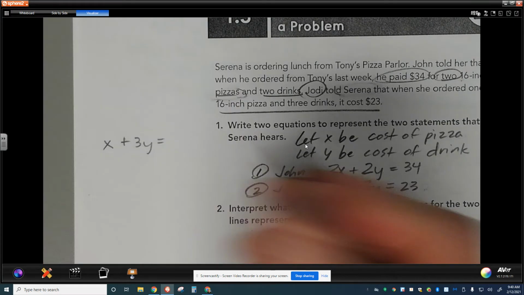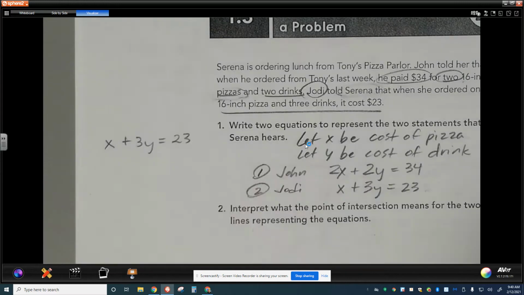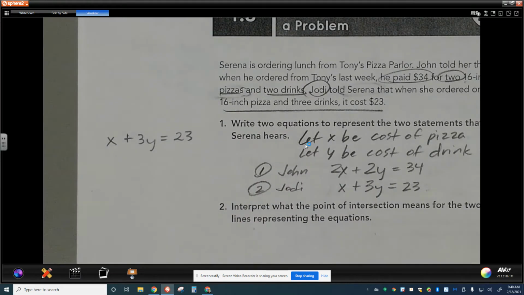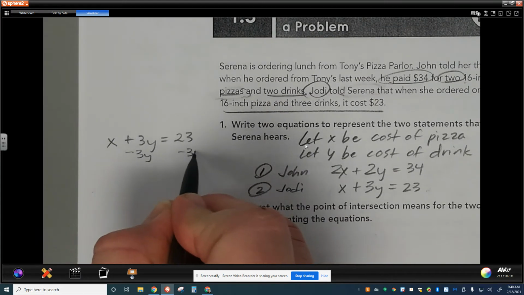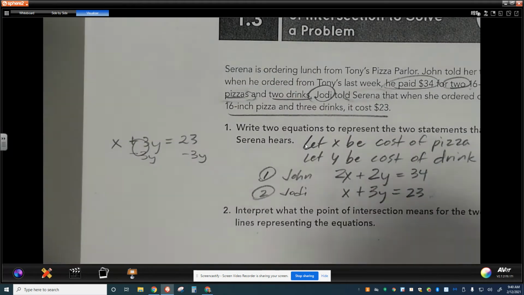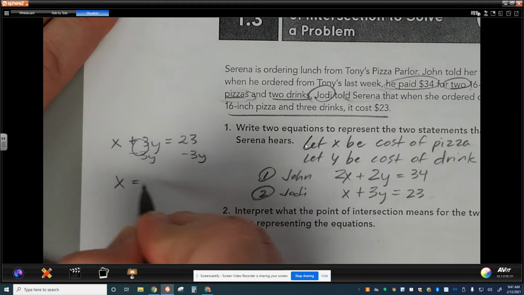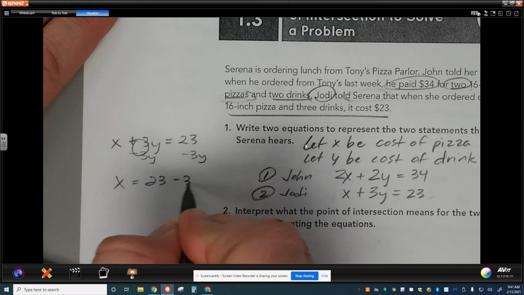How do I get X by itself right here? Well, we want to get rid of the 3 times Y, right? That's eliminated. And that gives me X is equal to 23 minus 3 times Y.